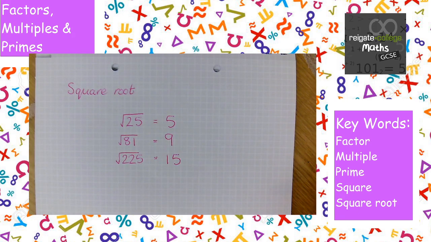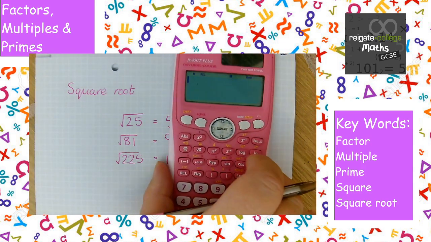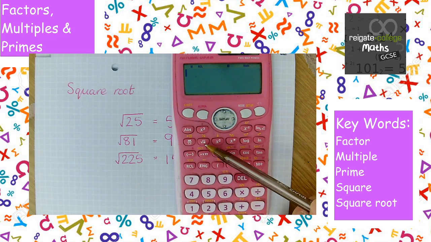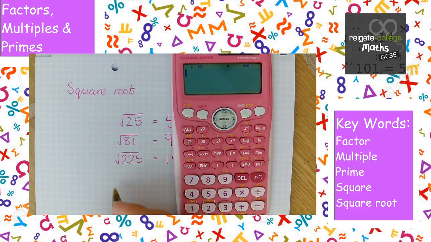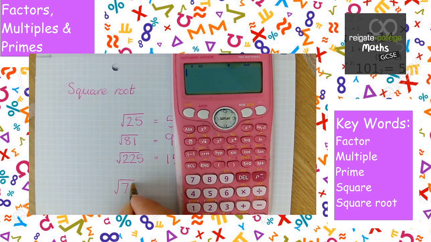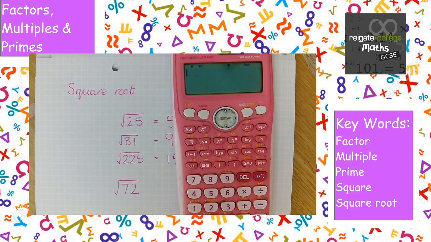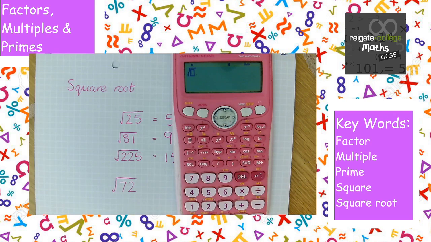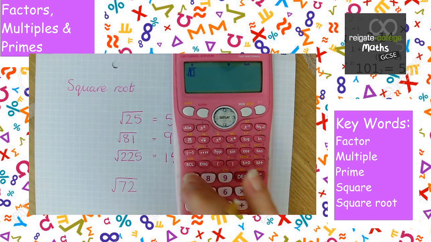If we don't have a square number, we can find a square root of any other number using a calculator and using the square root button, which is here. If, for example, we wanted to find the square root of 72, we'd first press the square root button and the square root symbol would appear on our calculator display.